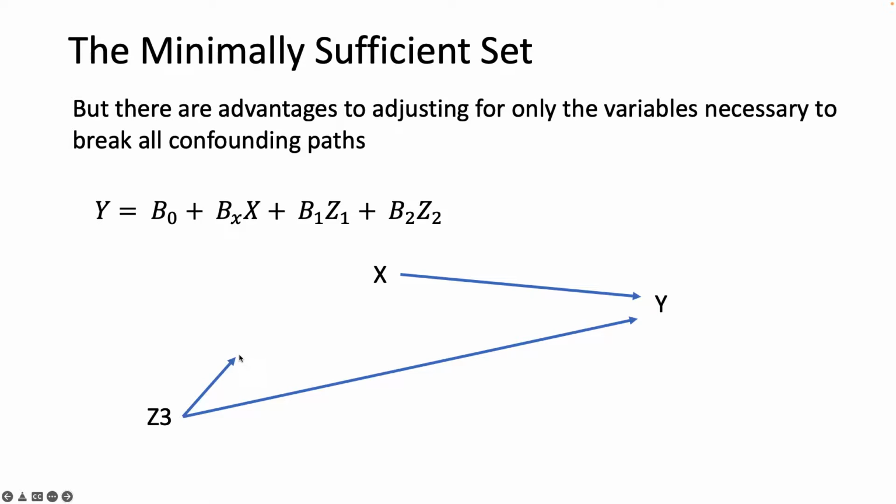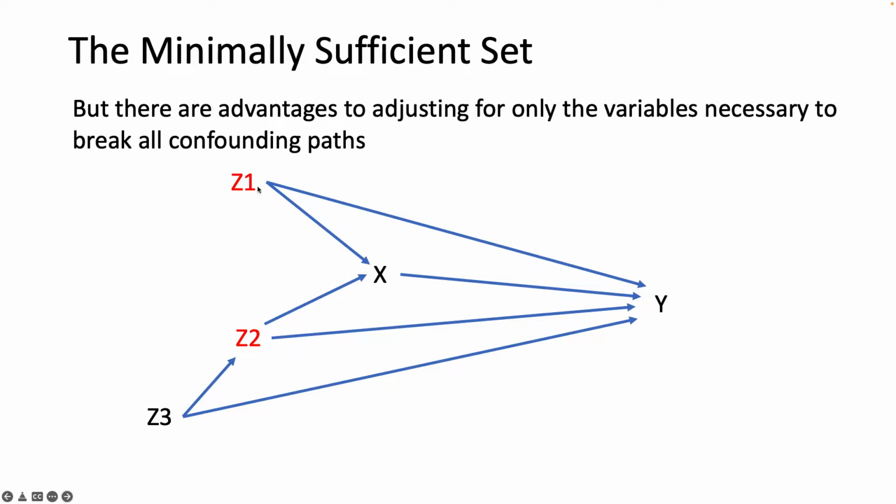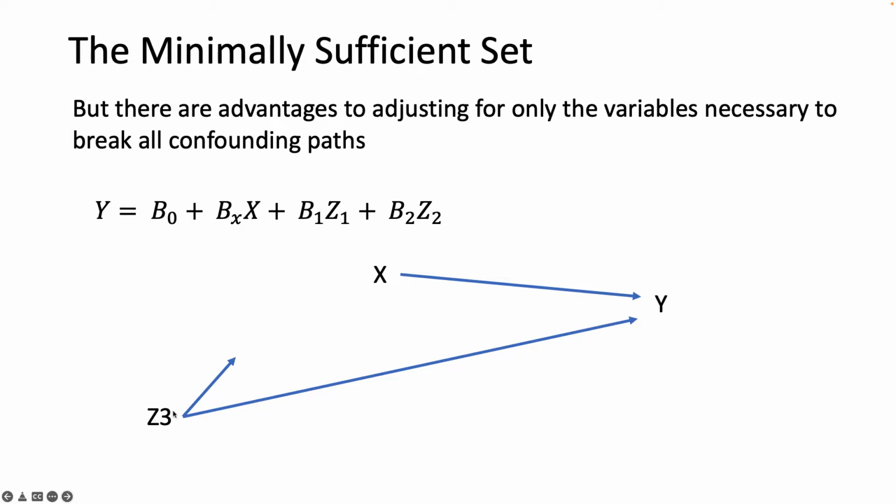Well, technically it's still a confounder because these things are still there, we just controlled for them, but it's not creating a confounding path. So we found a minimally sufficient set in Z1 and Z2, in a situation where there's three confounders. So that's a huge thing.